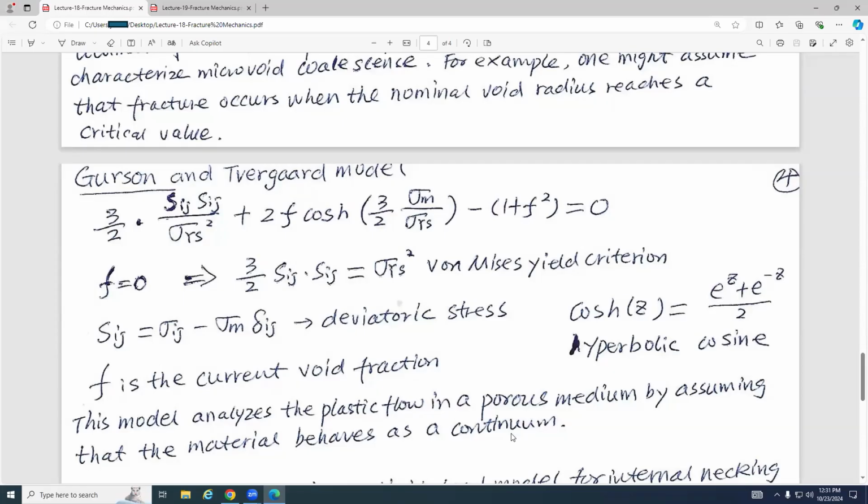Okay? As a result, this guy equals sigma m on the diagonal and 0 for all the off-diagonal entries. Got a sense?